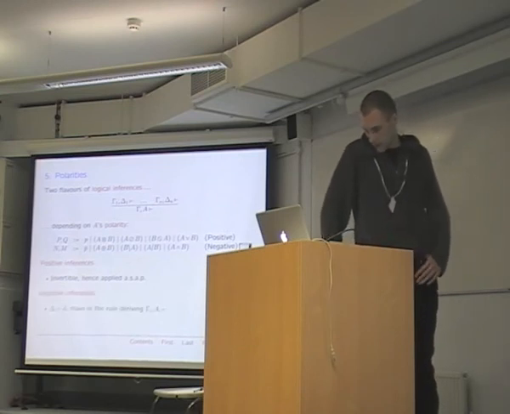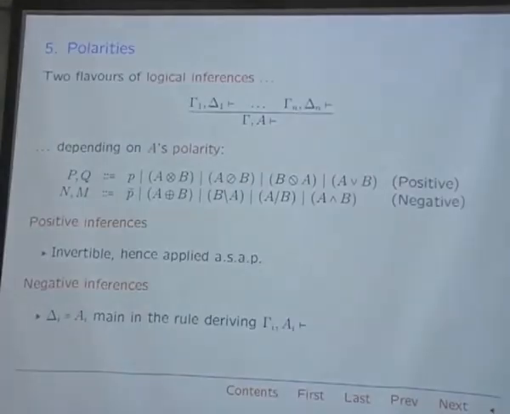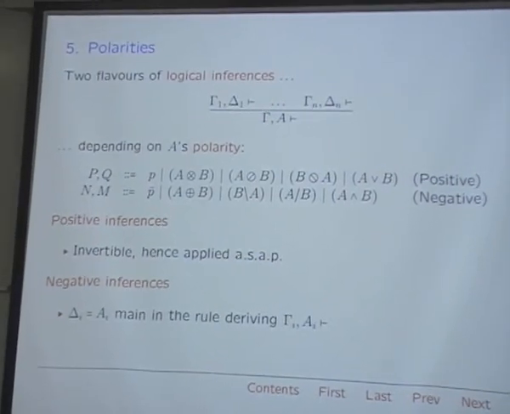In contrast, negative inferences are not always invertible. However, to decrease the number of permutations between rules that involve disjoint active and main formulas, we add a kind of commitment to the choice of a main formula.